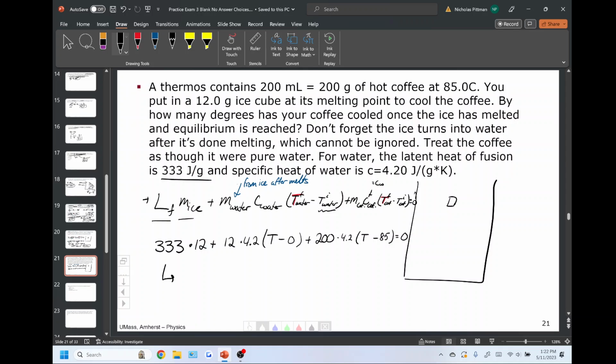Okay, and I plug into Wolfram. And it tells me the solution in an exact fraction. Okay, I get t equals 75.7. And I did all my temperatures in Celsius, so my final temperature is in Celsius.